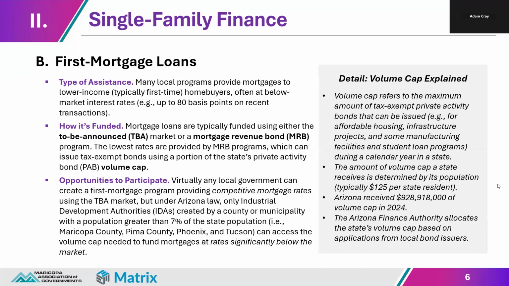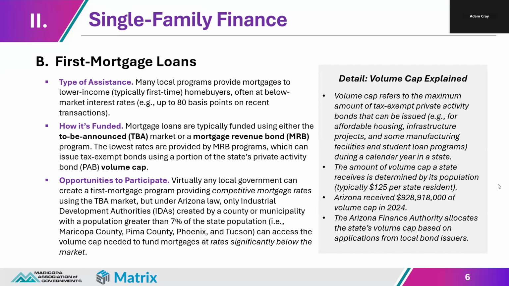So there's a cap. In Arizona, you all get about $900 million a year of volume cap, and the Arizona Finance Authority is who allocates that to individual issuers who run these kinds of programs.